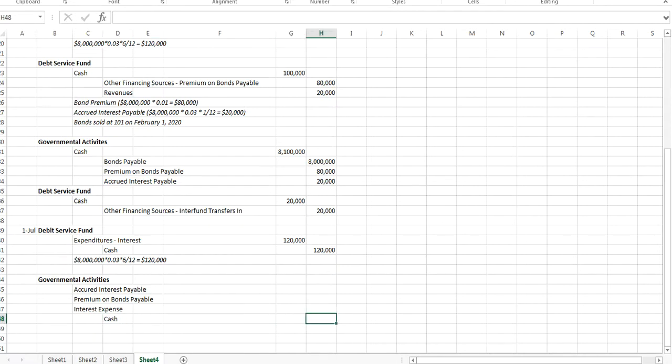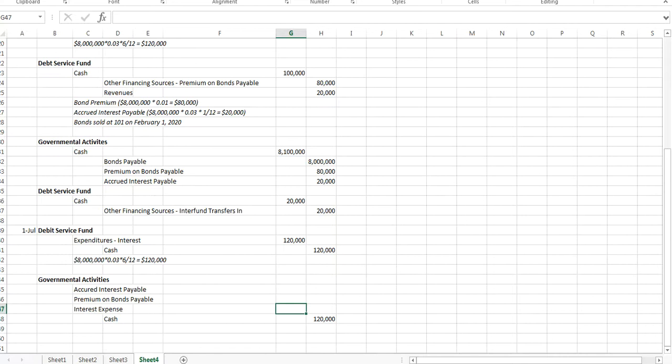Now, if you have done bonds, this should be very familiar to you. If you have not, let me just tell you, this is the easier way to do it. It helps if you've had it, but if not, then you can kind of see how you can learn the easy way. So cash is still going out at $120,000.